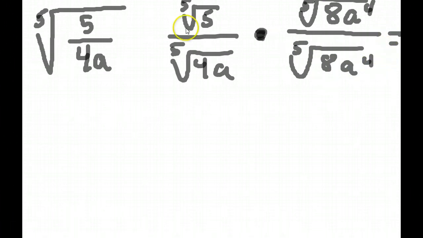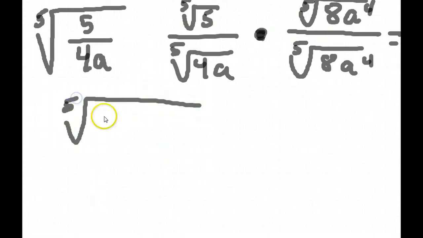This equals, multiply our numerators across, and we get fifth root of 32a to the 5th, or a to the 4th, excuse me.